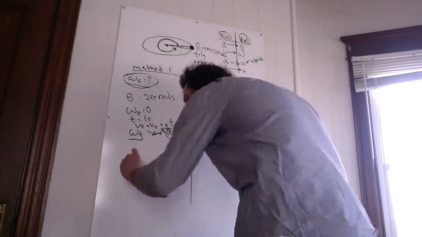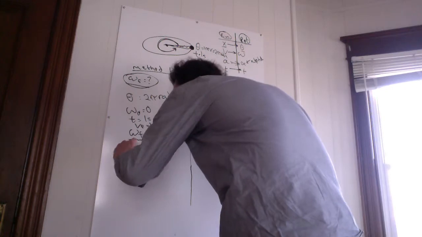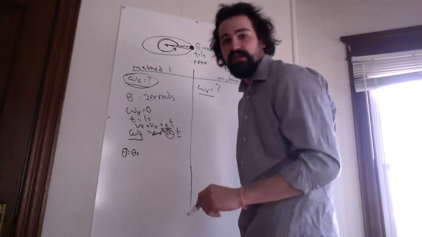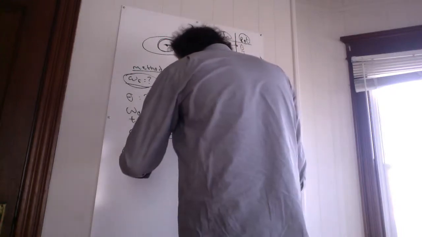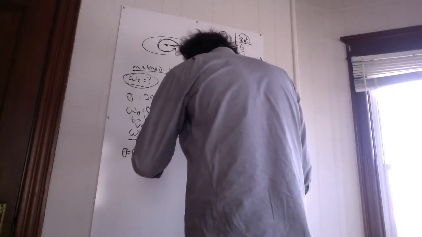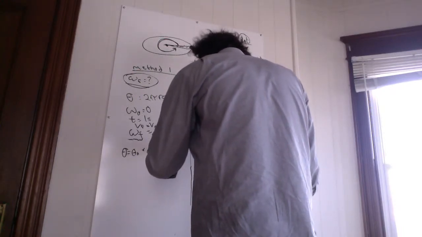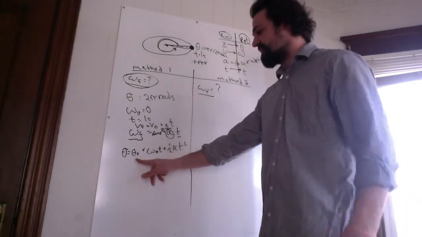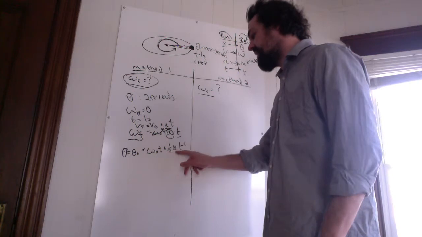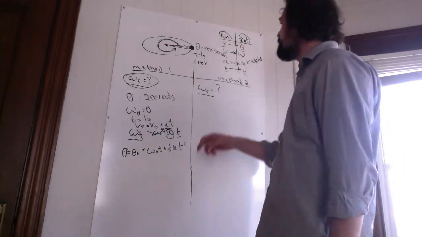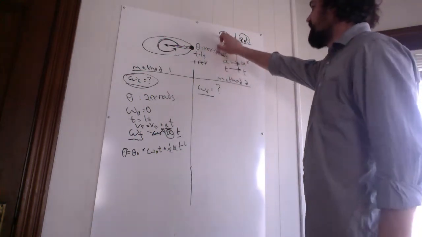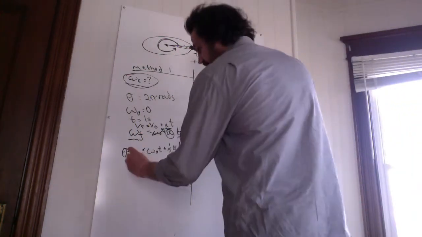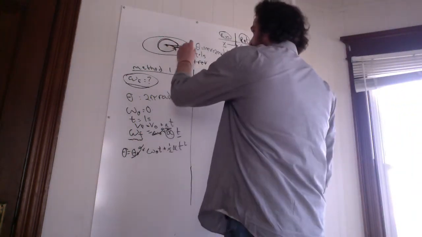And from there, you can start with theta equals theta naught, or you could have called it delta theta, same idea, plus omega naught t plus 1/2 alpha t squared. And that comes from x equals x naught plus v naught t plus 1/2 at squared. Same idea. We're just translating from kinematic to rotational. So then we start plugging it in. We know the initial position is 0.